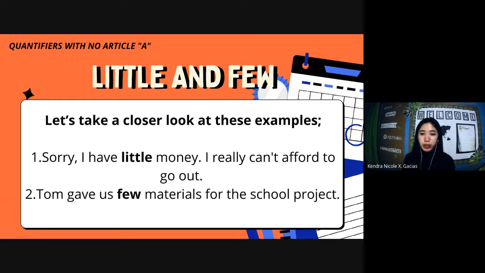So, in simple words, if we want to communicate a positive feeling, we use quantifiers with an article. If we use quantifiers with no article, it will change the feeling or the nuance of the sentence. Is that clear, class?